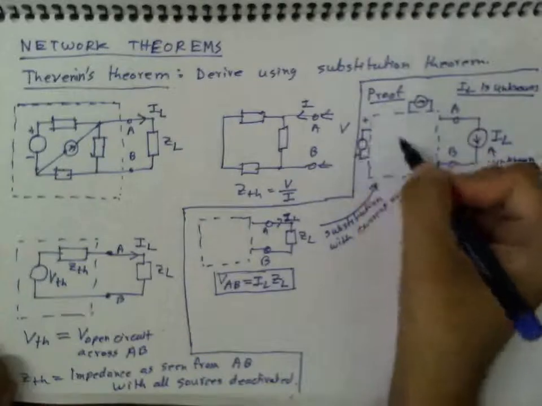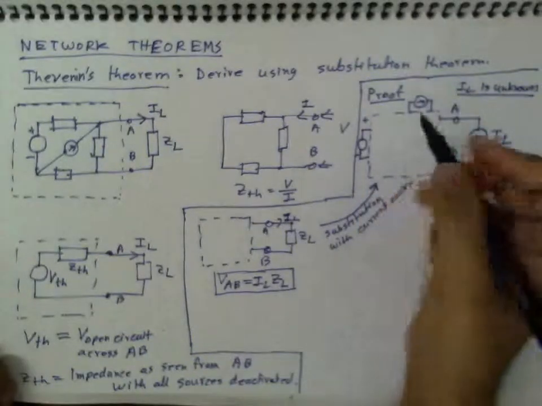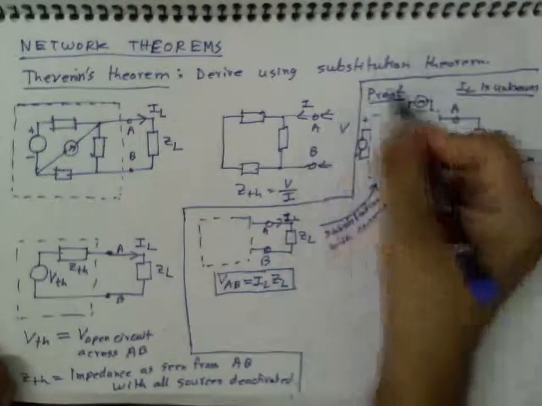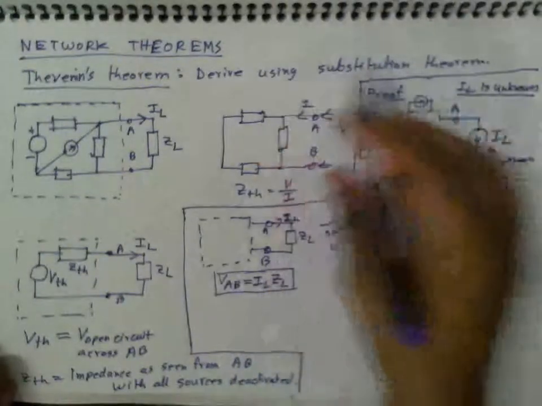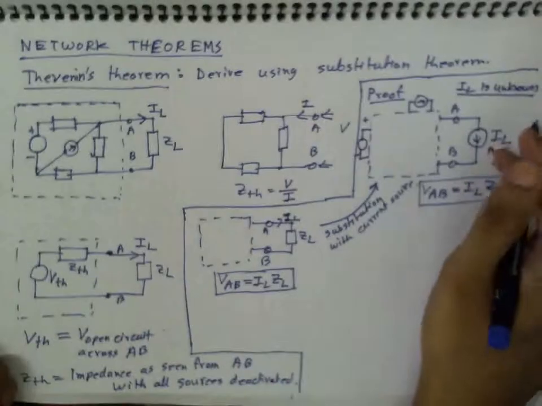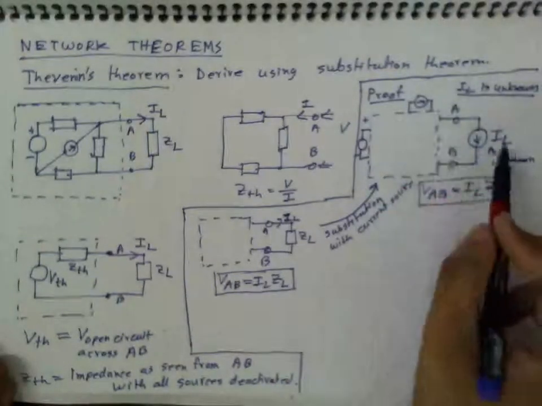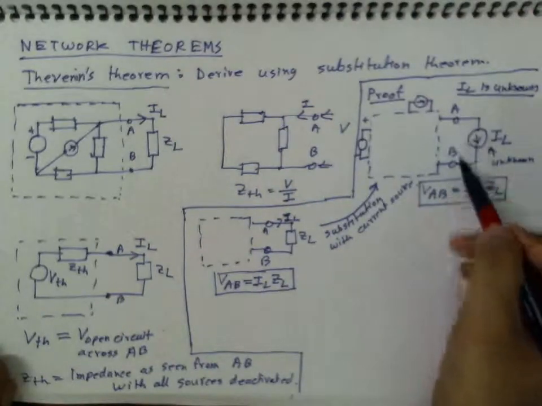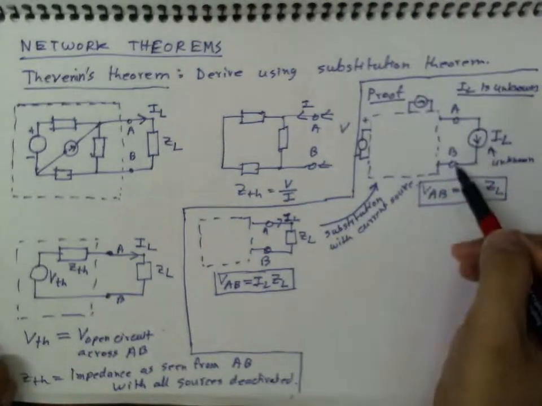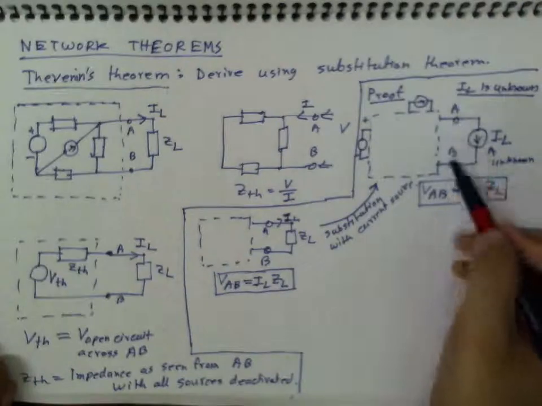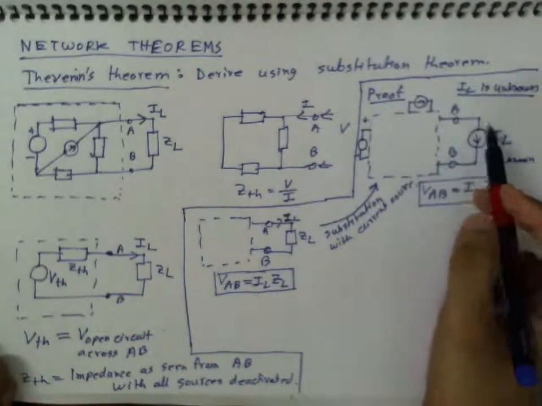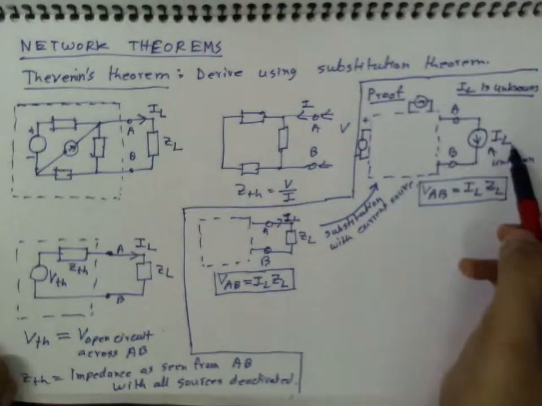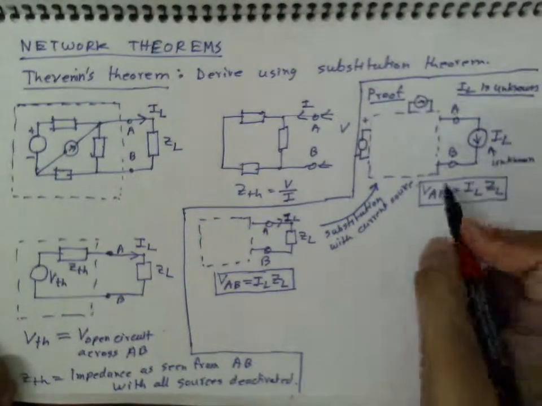I could have drawn them inside as well, no problem. This is basically the remainder of the circuit other than this load. So they were there, and now this is the voltage across these two terminals, VAB. This voltage is caused by the internal sources plus this new external source. That's what the superposition theorem says.